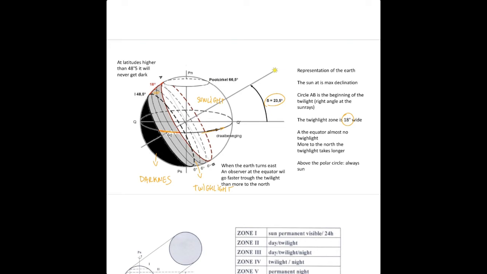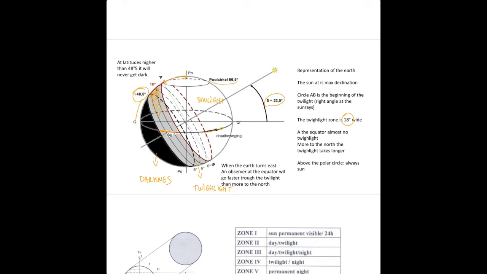And so at latitudes higher than this, a latitude of 48.5 degrees, it will never get dark, because you have here the twilight, and then here an area where the sun doesn't set.